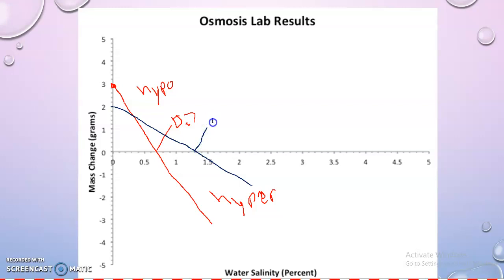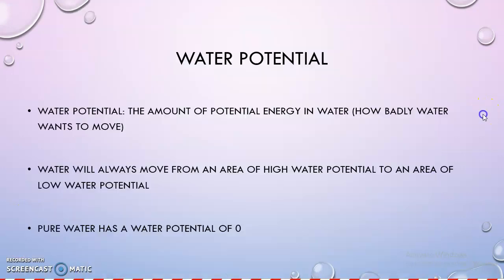But for this one, it's going to be 1.123 molar. So that is how you use those graphs to determine your isotonic points for this kind of thing.